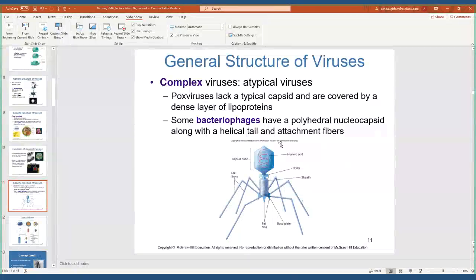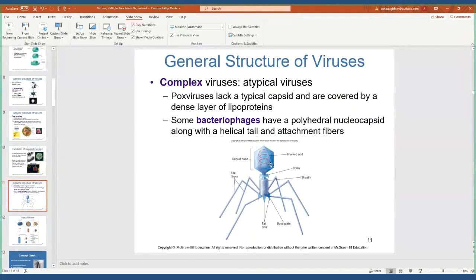So this is a bacteriophage here, and you can see at the top it's got this naked icosahedral capsid with the genetic material, and generally that's going to be a DNA. There's different forms that it takes. It can be linear, it can be circular, it can be double-stranded, it can be single-stranded. There are a few RNA viruses that are bacteriophages.